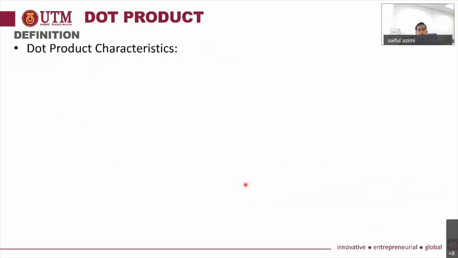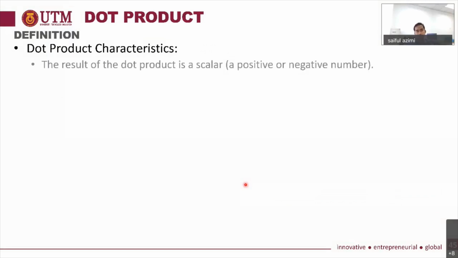Okay. So what are the characteristics of the dot product? If you are using the dot product in your solution later on, the result of the dot product is a scalar. It means the result of your dot product is either a positive or a negative number.